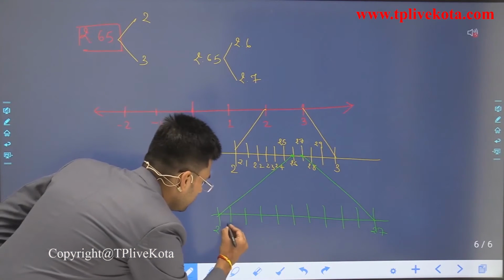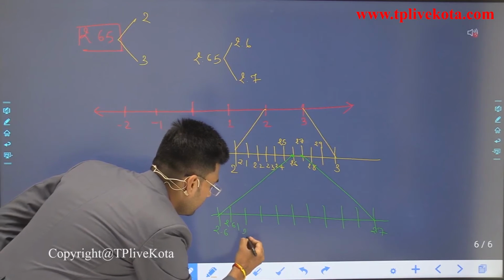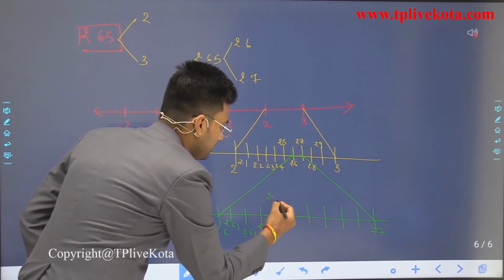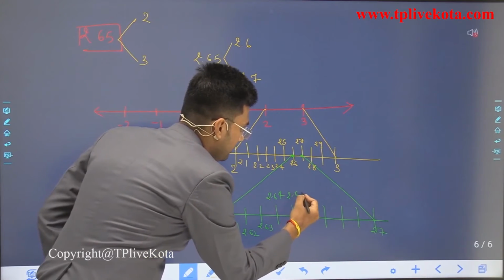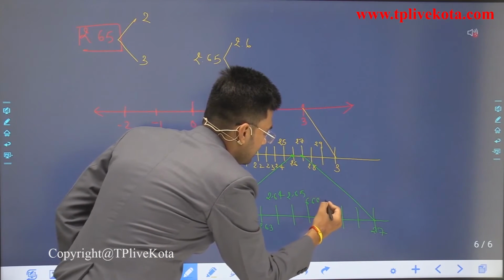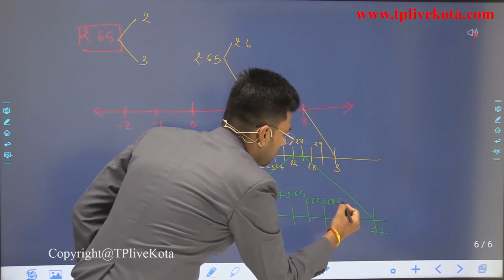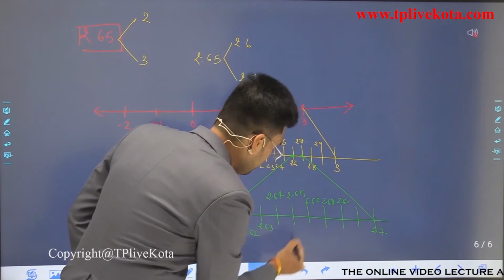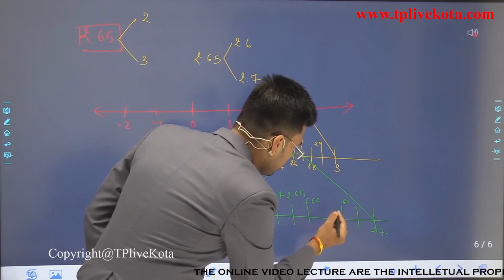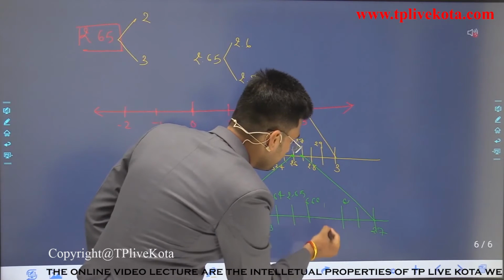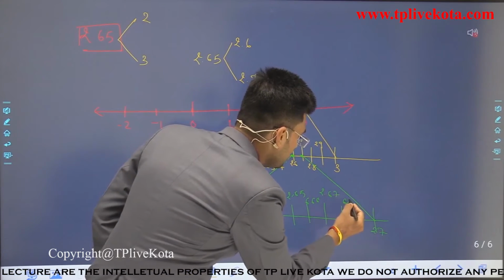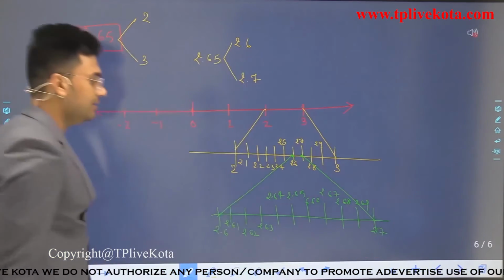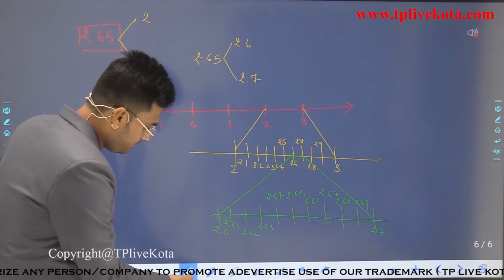This is 2.61, 2.62, 2.63, 2.64, 2.65, 2.66, 2.67, 2.68, 2.69 and 2.7.